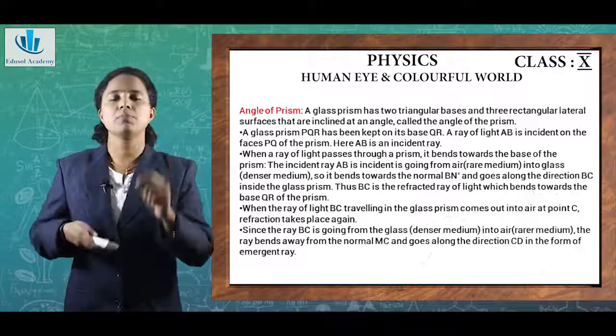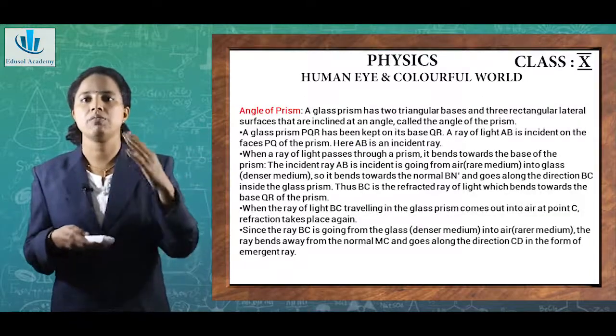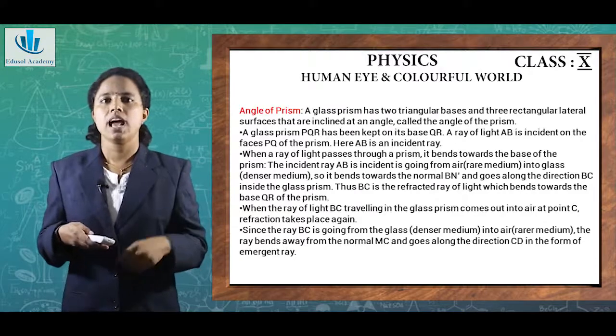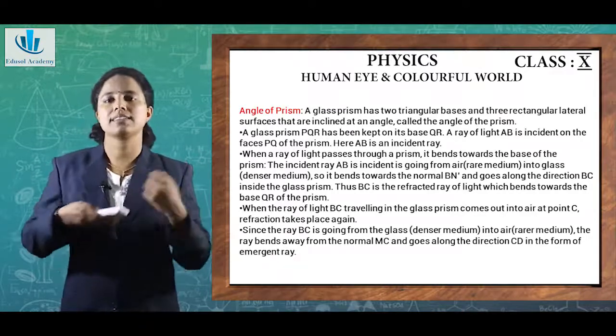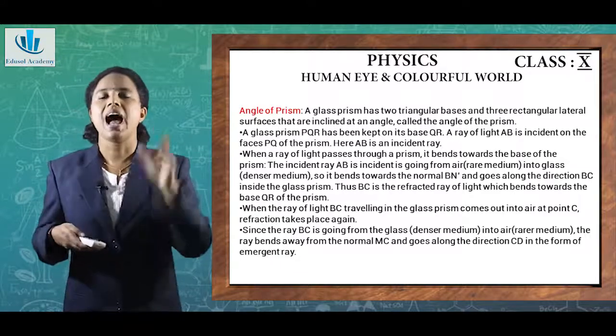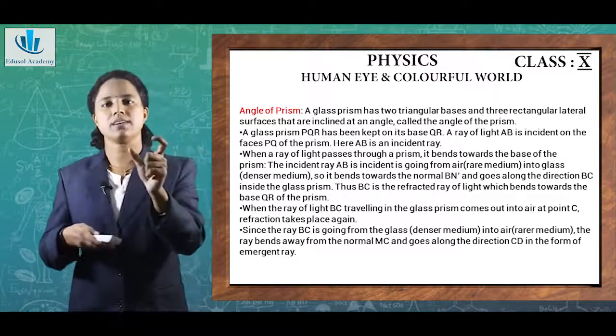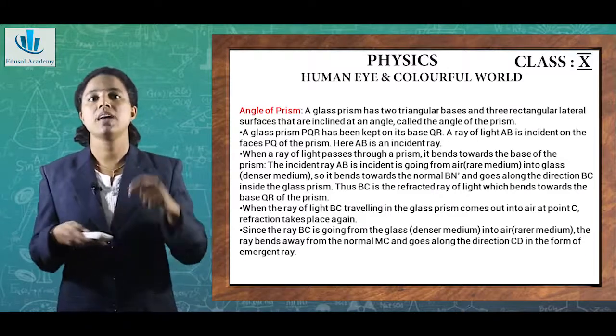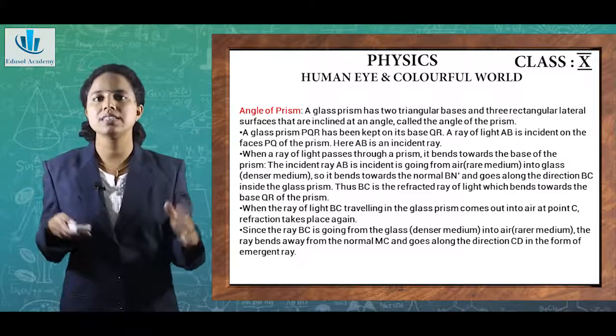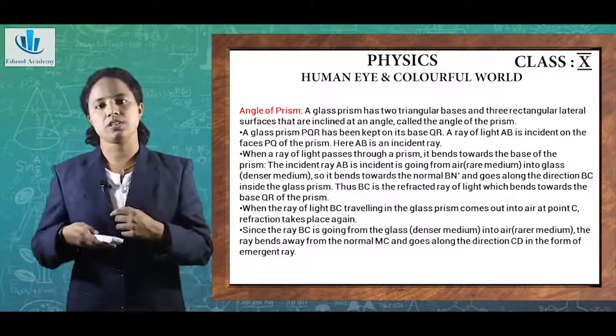There is another important factor that we need to consider when we see the prism. That is, a glass prism has two triangular bases and three rectangular lateral surfaces. And the main property regarding the prism is that the surfaces are inclined at an angle called the angle of prism. So, the surfaces are inclined to each other.